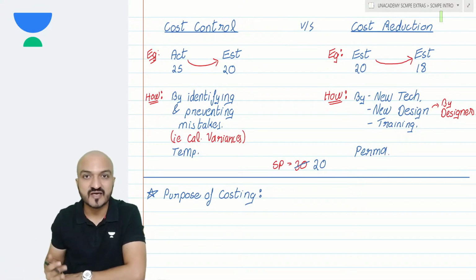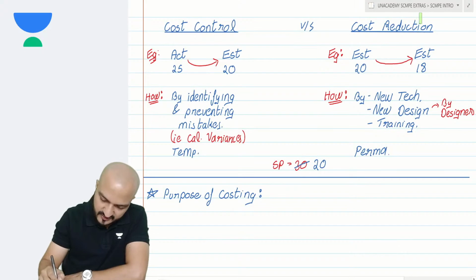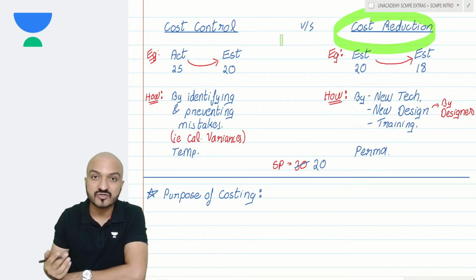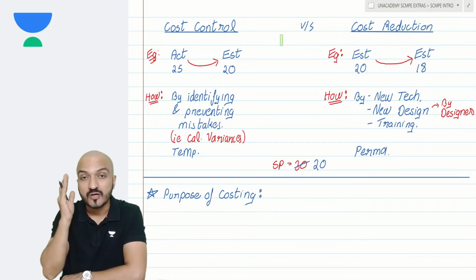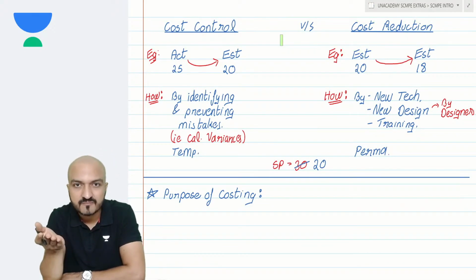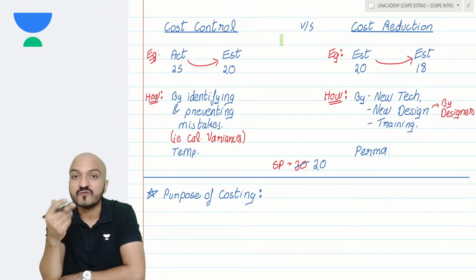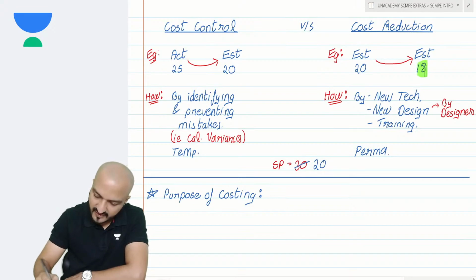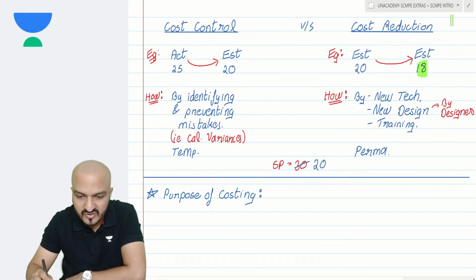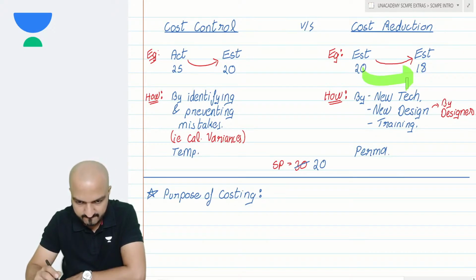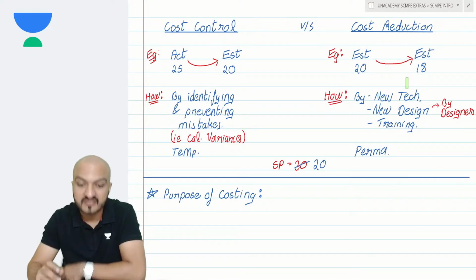Okay, so see, such realistic examples will tell you why a chartered accountant is supposed to learn cost reduction. Done? Because the designer doesn't know which item costs how much. Plus, when the designer creates a new design, then after creating the new design, you have to check whether the new design is able to achieve 18 or not. Whether the new design is able to reduce 20 to 18 or not. Maruti, so our job is before the new design development starts.